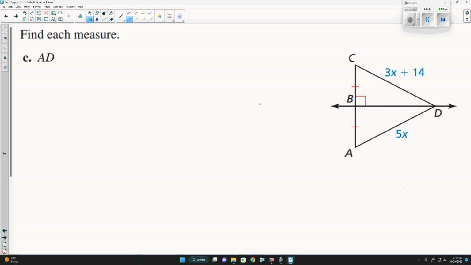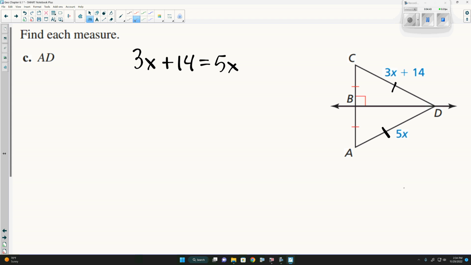So, we want to find the length of AD. Now, from the setup of this triangle, we know that these two lengths are congruent. So to find the length of AD, we need to find the value of x. So we can say that 3x plus 14.